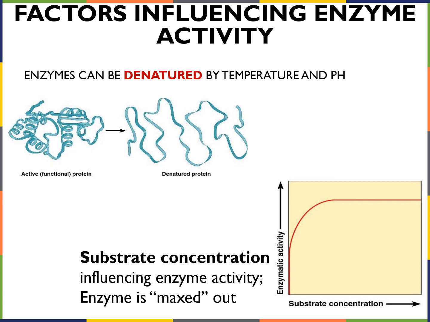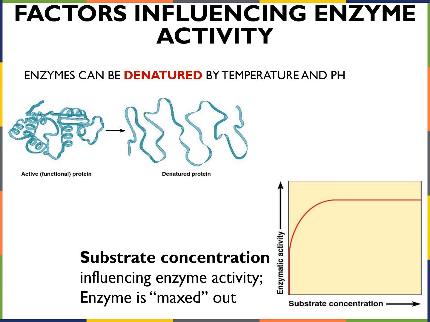Acids work by breaking the bonds that hold the functional protein together, causing the active protein to unravel into the denatured form. Either way, it's still inactive. It does not work anymore.